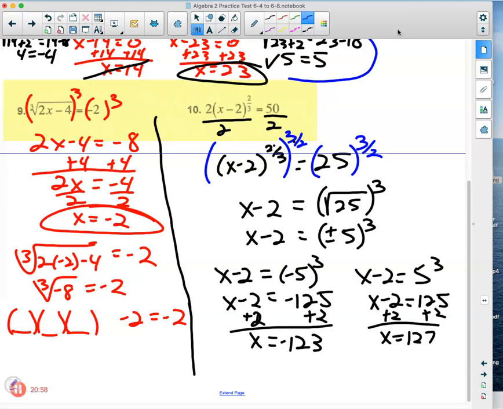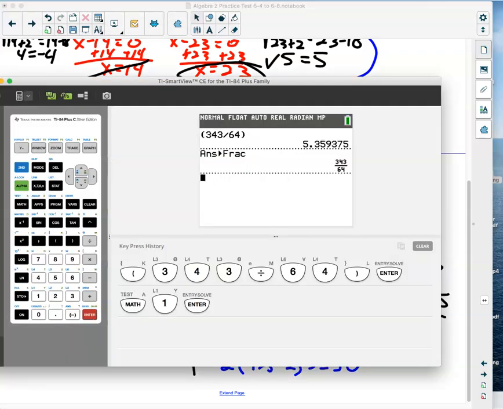So let's go up to the original and see what happened. 2 times -123 minus 2 to the 2/3, does that equal 50? And on this one, let's go ahead and punch that in and see, does it work?